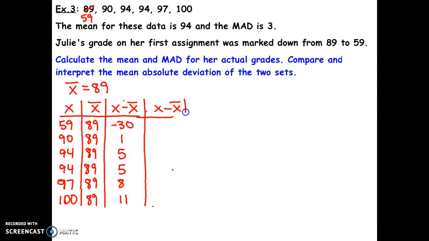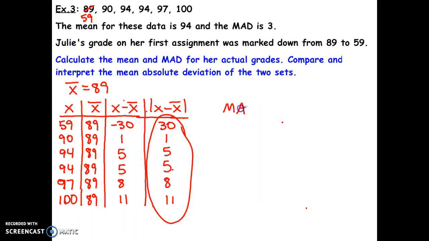Now to find our absolute values of those differences, 30, 1, 5, 5, 8, 11. Now just find the average of these numbers. So 30 plus 1 plus 5 plus 5 plus 8 plus 11, all divided by 6. So our MAD is 10.